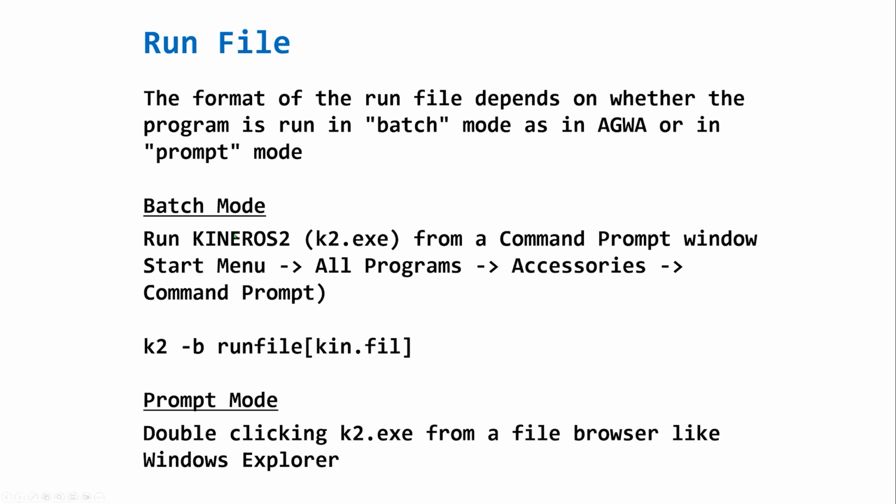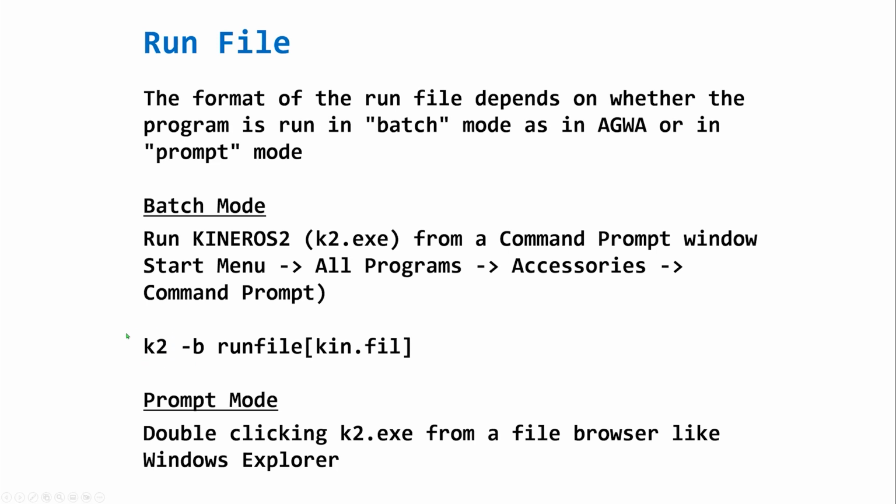So in the batch mode, the executable for K2 is always labeled as K2.exe. And then from a command prompt window, you can say, again, the start menu, all the programs, accessories, the command prompt. So, here's one way to look at that.